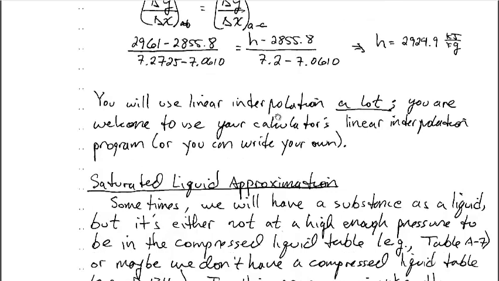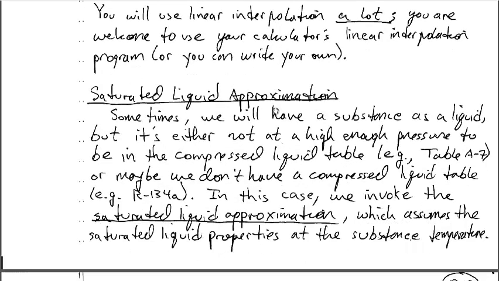Okay, the last thing that we need to talk about is the idea of what we call the saturated liquid approximation. This won't come up that often, but it comes up enough where you need to be aware of it. Sometimes you'll have a substance that is a liquid, but it's either not at a high enough pressure to be in a compressed liquid table, for example, table A7 for water, or you may not have a compressed liquid table.